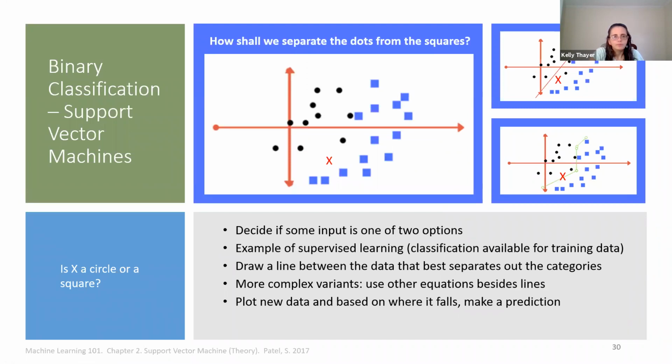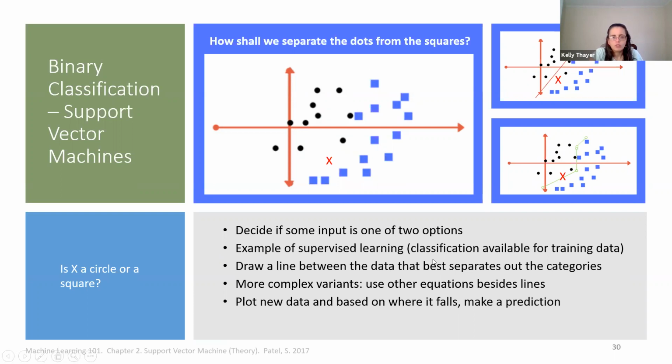What we can do is a binary classification or support vector machines. We can ask in this one, is X a circle or a square? So what we want to do is basically draw some kind of line here. These are some axes, and we want to be able to draw a line that will separate out the circles from the squares.